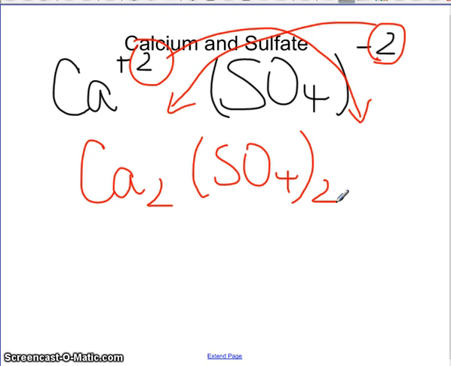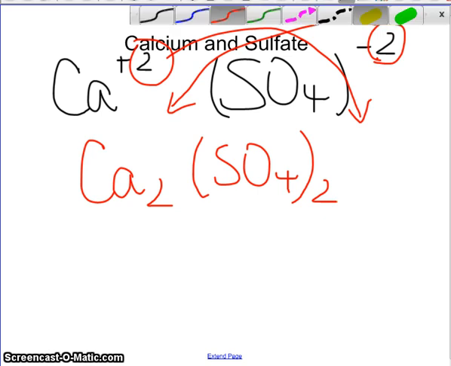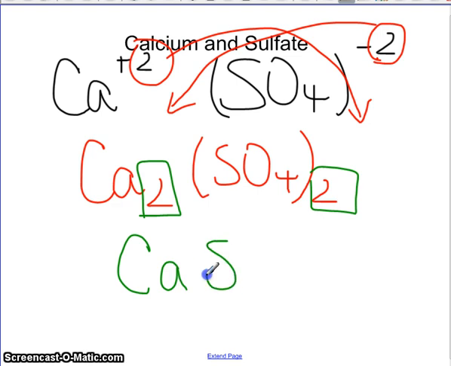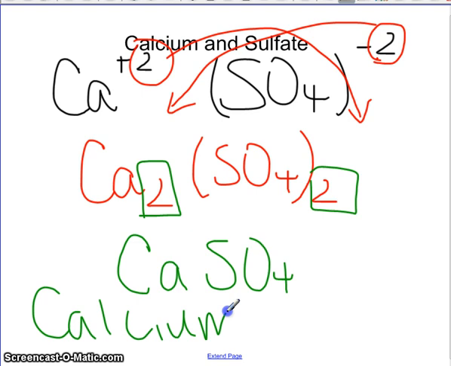Now remember, whatever's in parentheses has to stay that way. We don't change what's in parentheses. But if we can reduce the other subscripts, do so. Okay, 2 and 2 can both be divided by 2, so we get 1 and 1. We don't need to write the ones, and we no longer need the parentheses since it is a 1. The name of this compound would just be calcium sulfate.